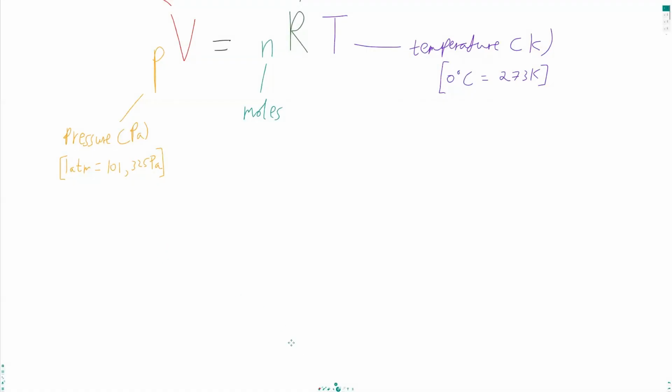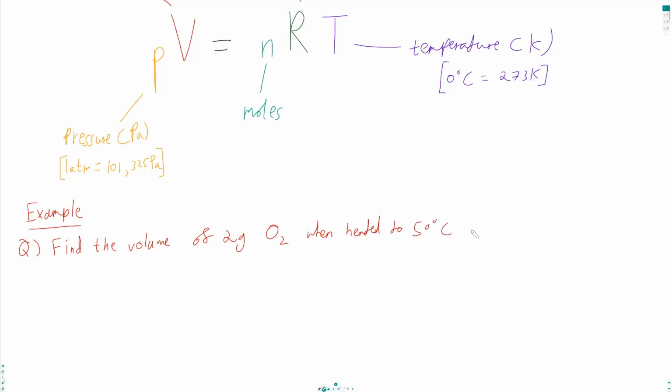So here's one example which I'll do. The question is: find the volume of 2 grams of O2 when heated to 50 degrees Celsius at a pressure of 1 atm.